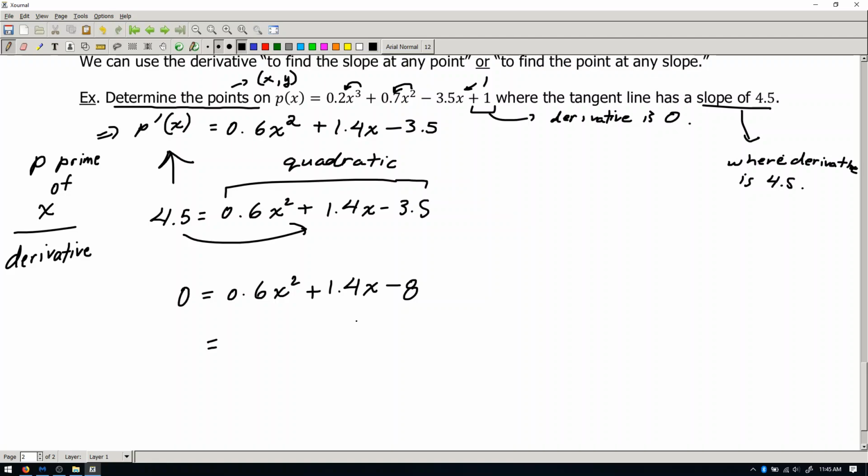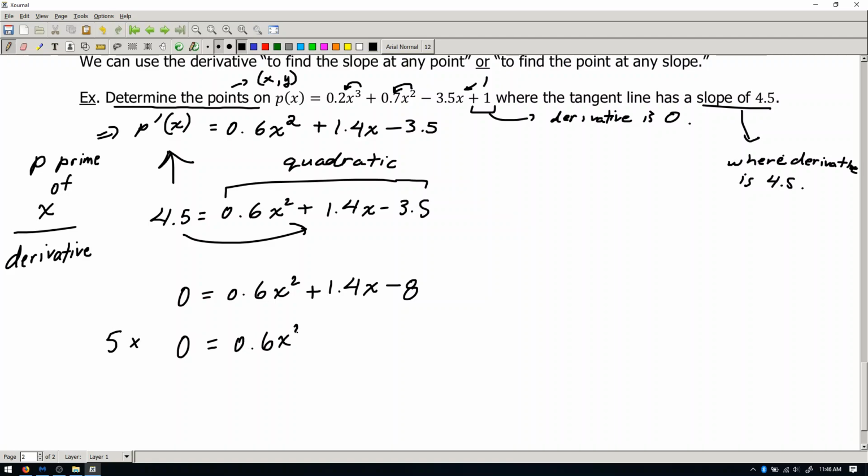Now, these are decimals, so we've got two options here. Either we can try to factor by first multiplying by a factor to simplify these numbers, or you can do quadratic formula. What I'm going to try to do here is multiply both sides by 5 and factor.